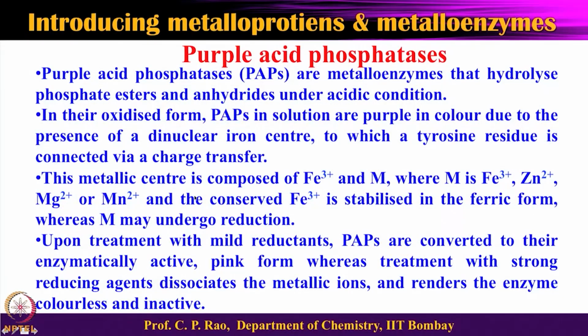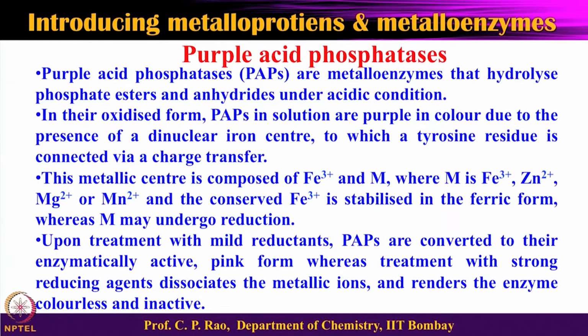If you look at the centers of these, they are all composed of iron 3 plus, and the second metal ion could be iron 3 plus, zinc 2 plus, manganese 2 plus or magnesium 2 plus, found in different kinds of species. The iron 3 plus is the one which is conserved in all. The second metal ion is being replaced either by zinc, manganese, magnesium or iron 2 plus.